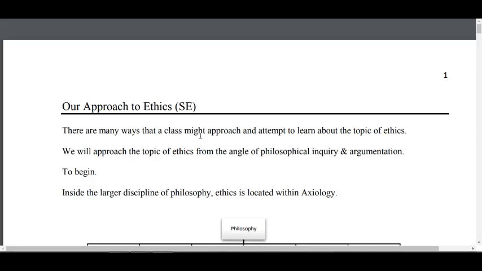But to get started, there are many ways that any class could approach the topic of ethics. You will encounter discussions of ethics throughout many of your other classes, especially if you're in a healthcare or human services or engineering or technological profession. The topic of ethics always comes up.